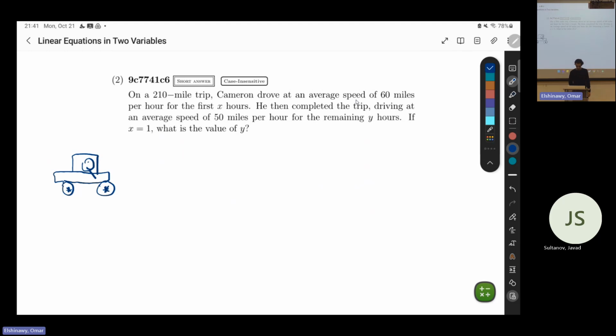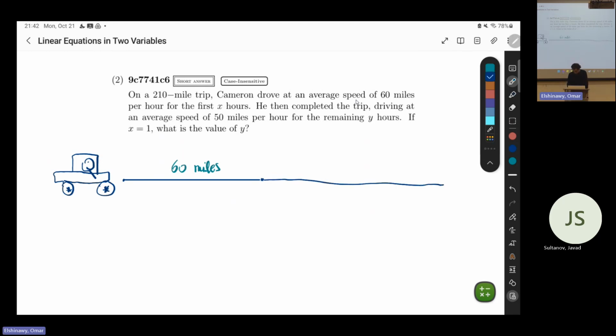And he starts his journey. He goes for 60 miles. And then he completes the journey.